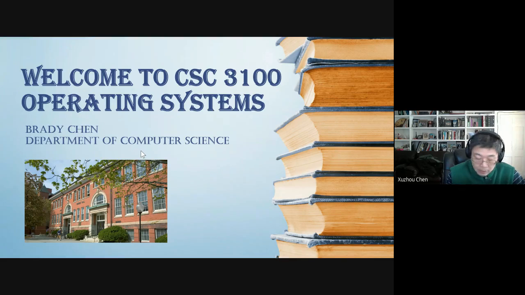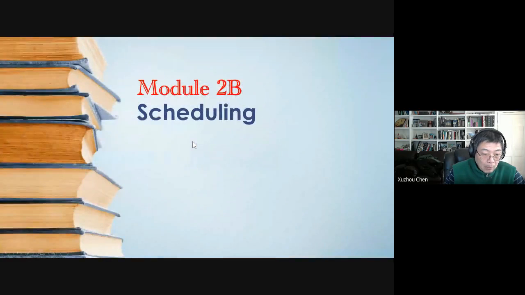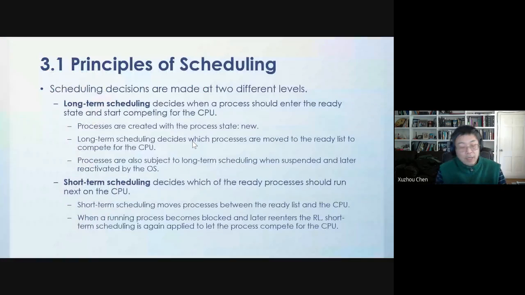So the operating system has to do this. So next, in this chapter, chapter 3, we're going to talk about scheduling: how the operating system is going to schedule the executions of these different processes.